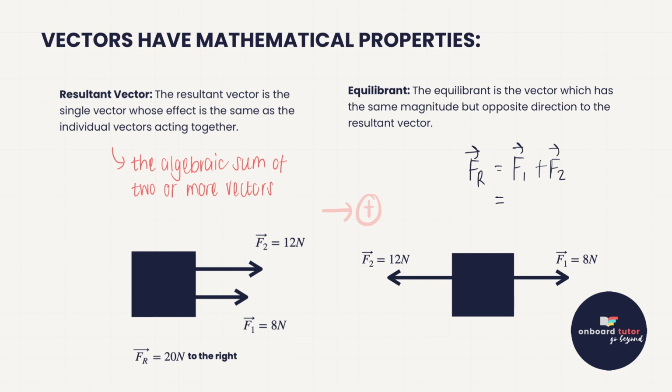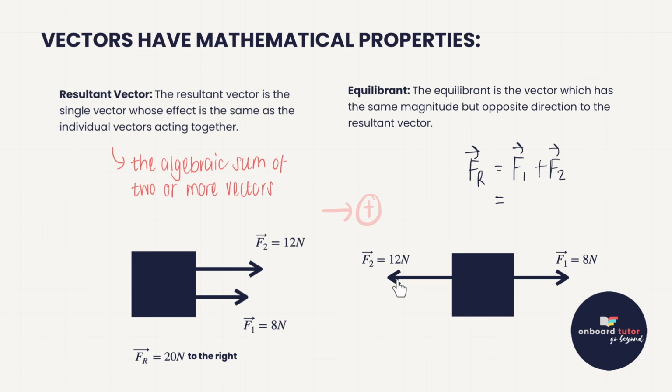But the difference here is that we have to remember to take the directions into consideration with regards to our positive reference direction. So in the last case, we substituted both positive values, so positive values for our second force as well as our first, but now in this case our second force is going in the opposite direction.